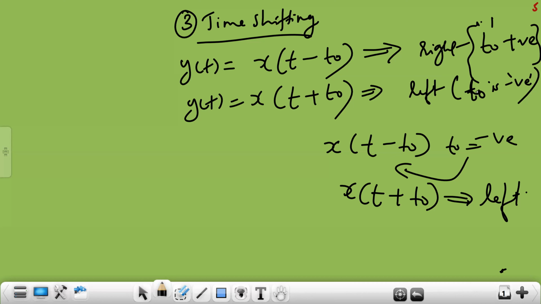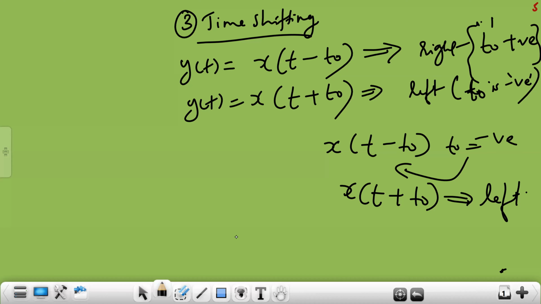Any doubts? Sir, one doubt. Yes, tell me. How will we know when we have to shift to the right side and when to the left side? That depends upon the nature of the given signal. Suppose you are asked to find x of t plus 2, then it should be a left shift.